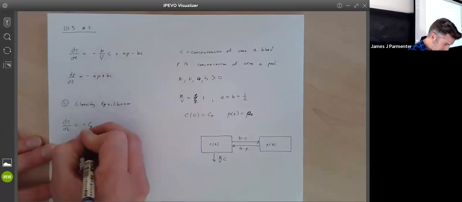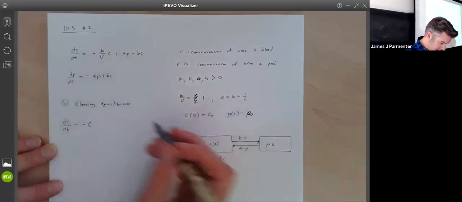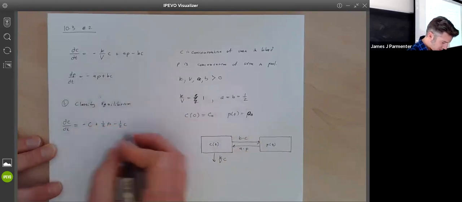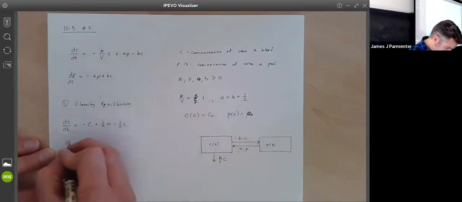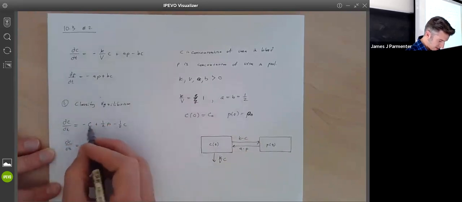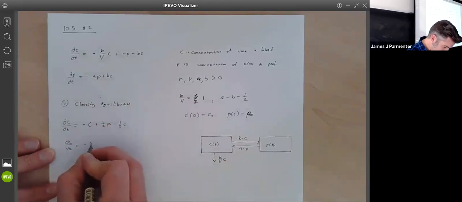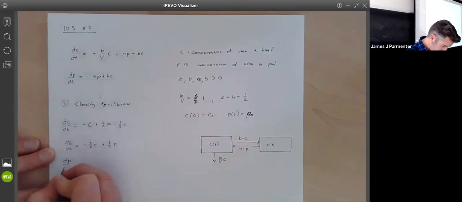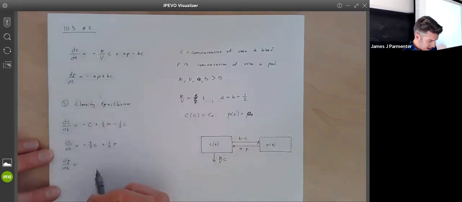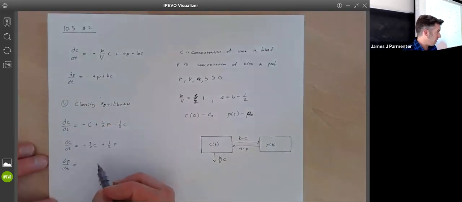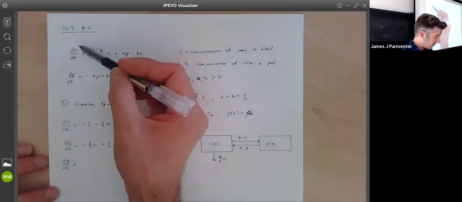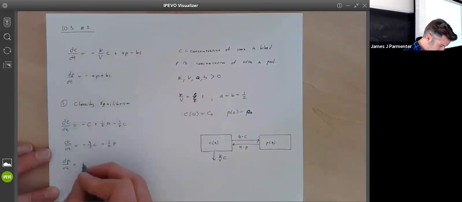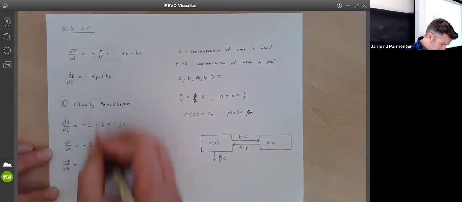It's going to be negative C plus AP, so 1/2 P minus 1/2 C, which I should simplify as dC/dt equals negative C minus 1/2 C is minus 3/2 C plus 1/2 P. And dP/dt is, I really should be consistent with the order I write the variables in. Since I'm thinking of C as the first thing and P as the second thing, I'm going to write the second equation that way as well, where I'm going to have a 1/2 C minus a 1/2 P.